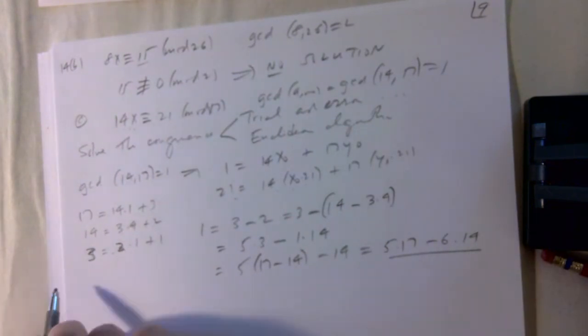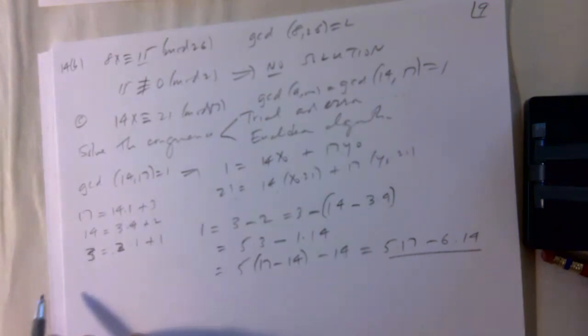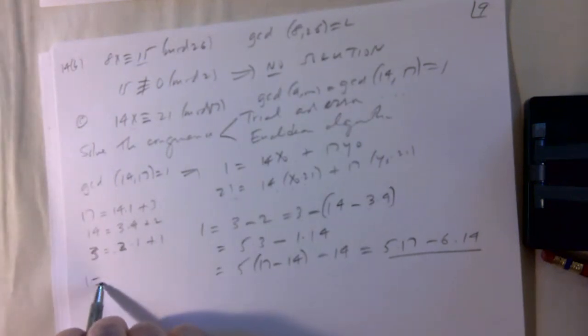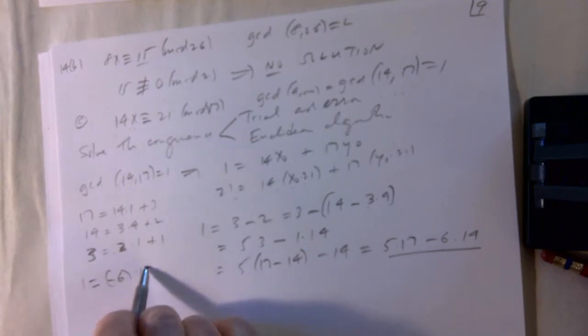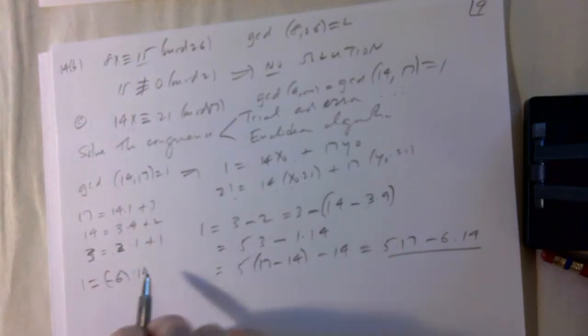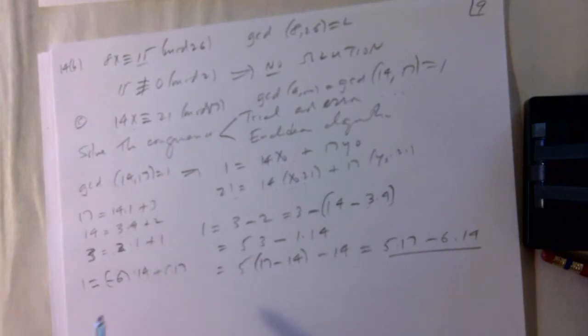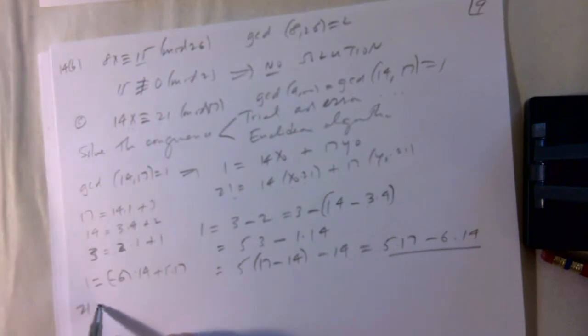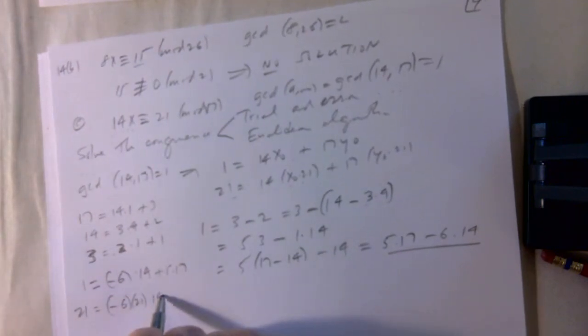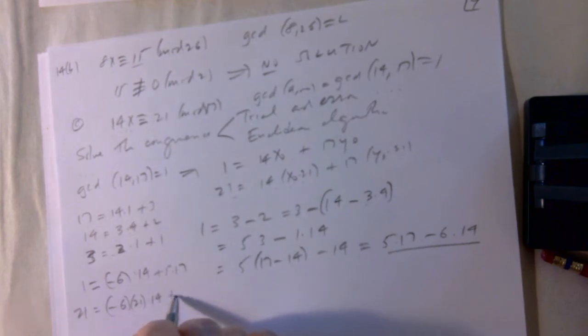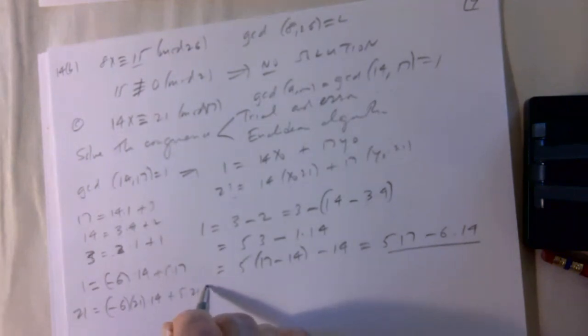So we have our nice equation. 1 equals minus 6 times 14 plus 5 times 17. So 21 is minus 6 times 21 times 14 plus 5 times 21 times 17.